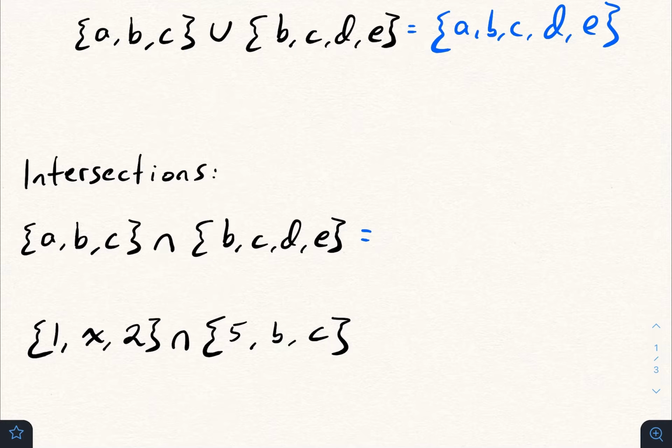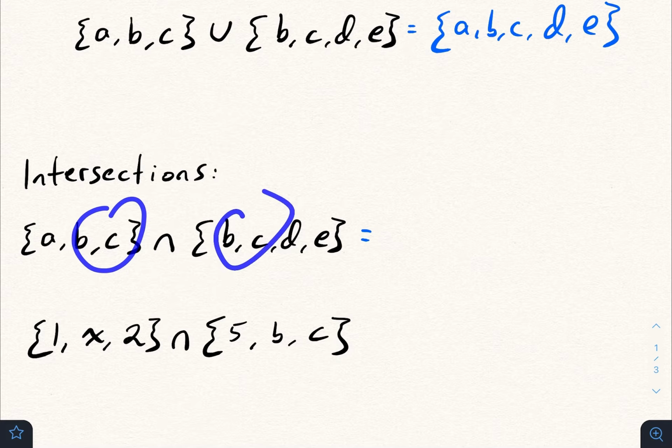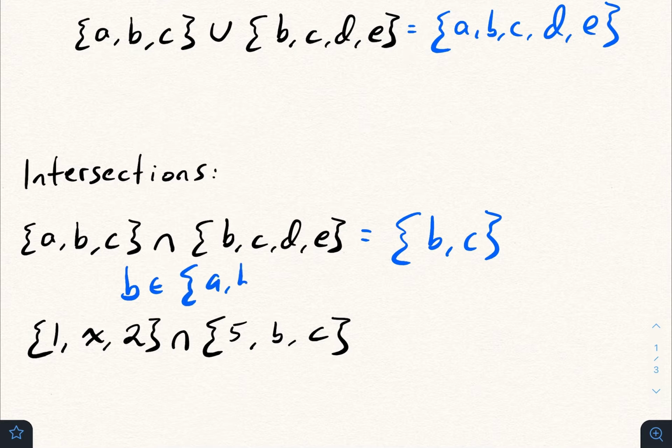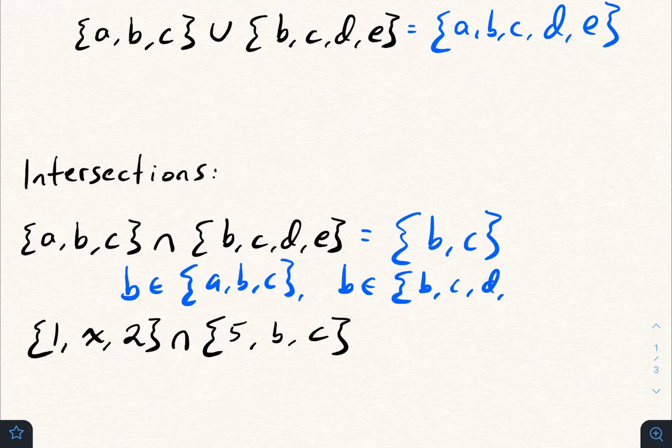So the intersection of these two sets, ABC and BCDE, would just be the set containing B and C in this case, where B is in my first set, ABC, and also in the second set. And of course, C also satisfies this. So B is an element of the first set and an element of the second set, and so is C.